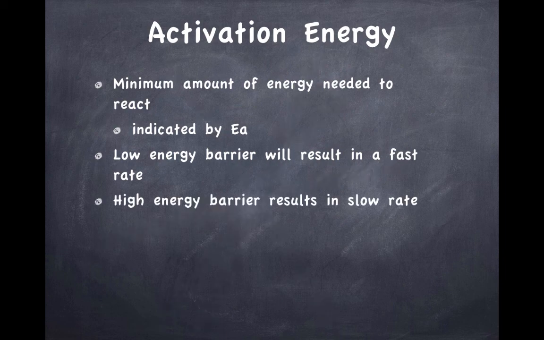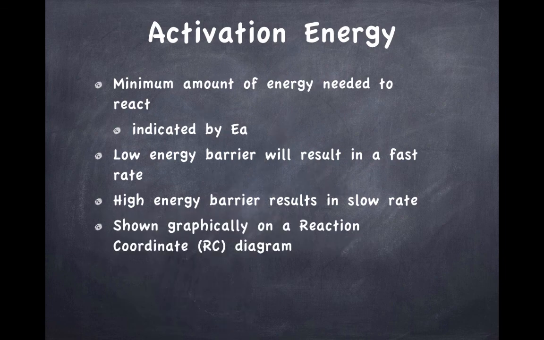If you have a high energy barrier, not very many molecules have enough energy, and you're going to have a very slow rate. And we describe these in a reaction coordinate diagram, which shows our energies for both the reactants and the products, and then shows graphically the barrier that these molecules have to get up and over. We'll take a look at that in this next slide.